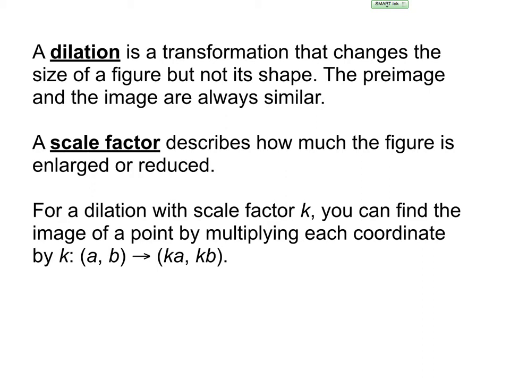So we're going to take an ordered pair, a point on the pre-image, the figure that we're given, and multiply each coordinate by the scale factor to get the image of the new drawing.